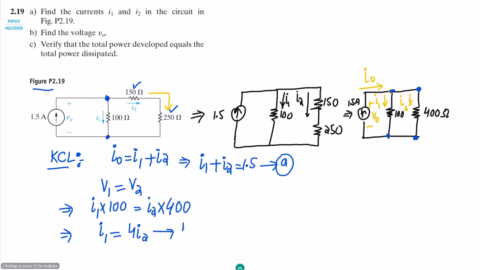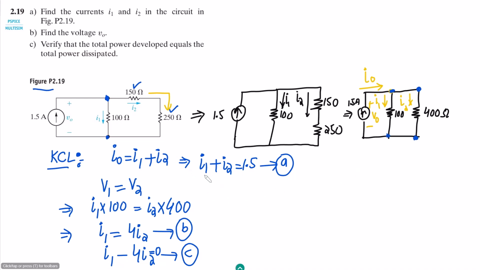Simplifying it, we will get I1 is equal to 4I2. This is equation B, and rearranging it, we will get I1 minus 4I2 equal to 0. This is equation C. Okay, so now we have equations A, B, and C. Let me multiply equation A with 4 and then add A and C together.